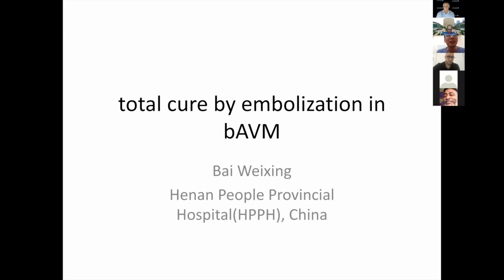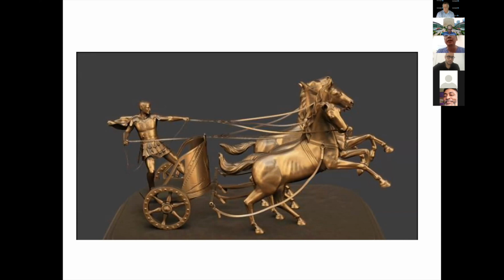So today my topic is just focused on the total embolization of the bAVM. I perform procedures with total embolization of AVM and pre-surgical embolization as well.